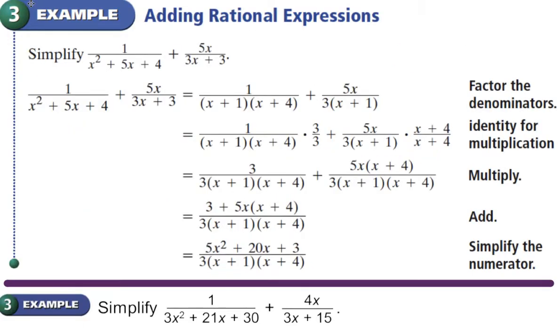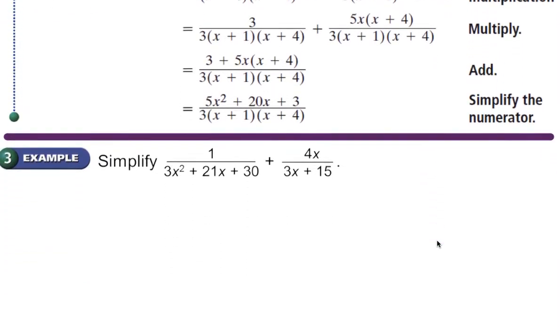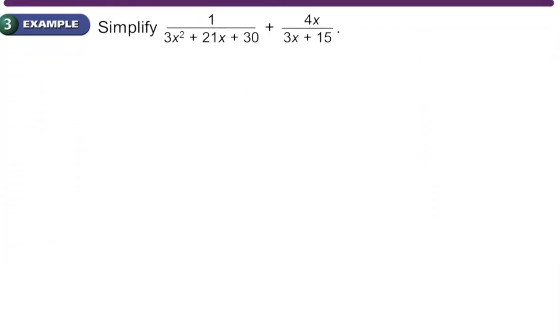And we have adding rational expressions. The textbook does a really good job of explaining this, so take a look at that if you still need some clarifications on some things. But essentially, it's the same thing that we had when we just did basic fraction addition, 2/3 plus 3/4.